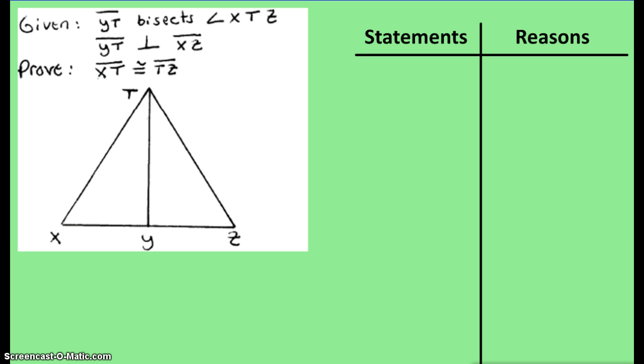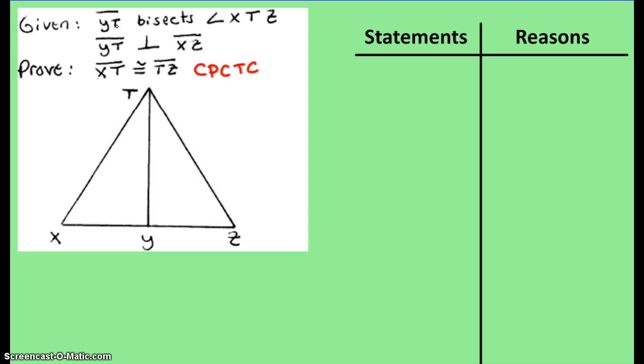Alright, so given this triangle and this information, we need to prove that the 2 triangles are congruent before we can say that XT is congruent to TZ. Because if we can prove these, we can do it by CPCTC once we prove the 2 triangles are congruent. So we want to go ahead and put our information in.